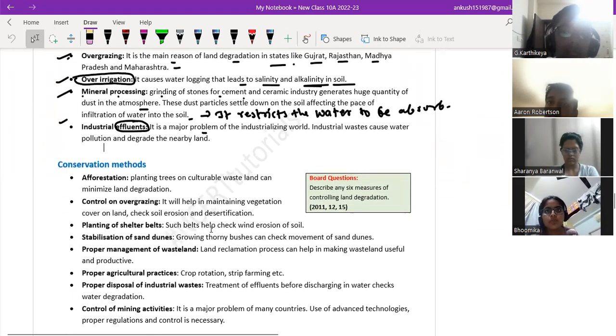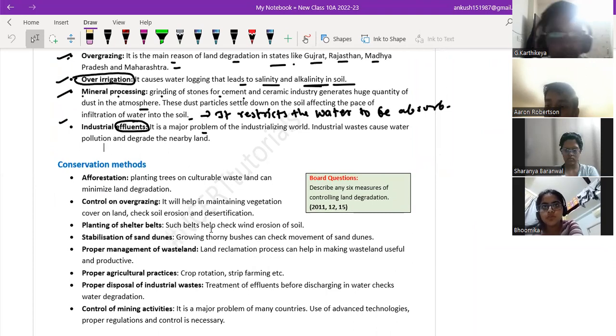Industrial effluents are the wastage of industries. Whatever effluent they release from the industry or factory goes into the land where it is fertile. If fertile land receives such waste, it causes water pollution and also leads to the degradation of the nearby land.